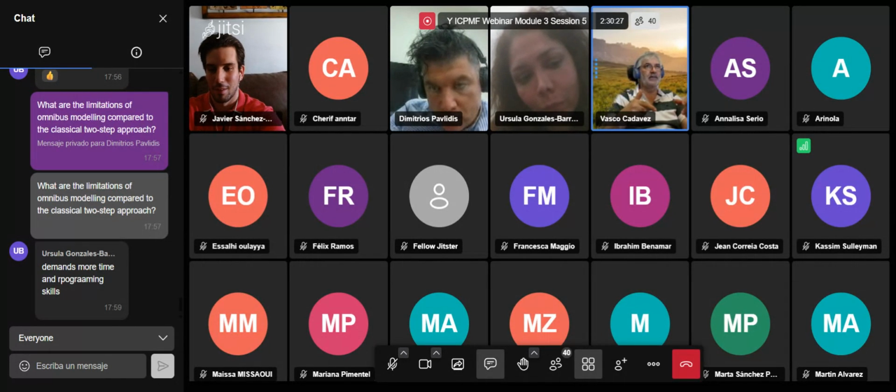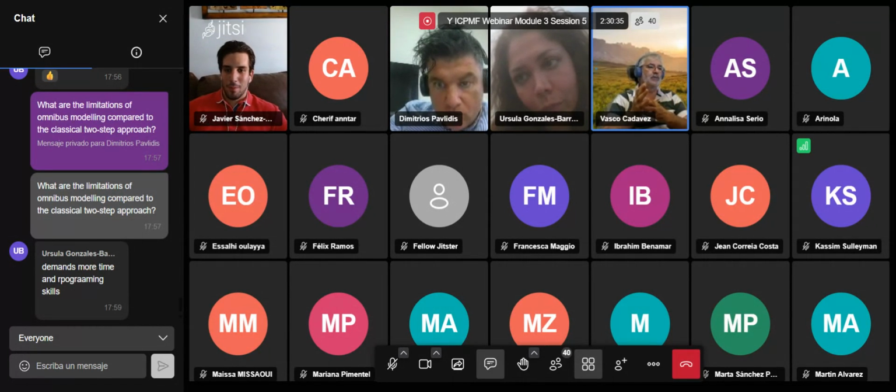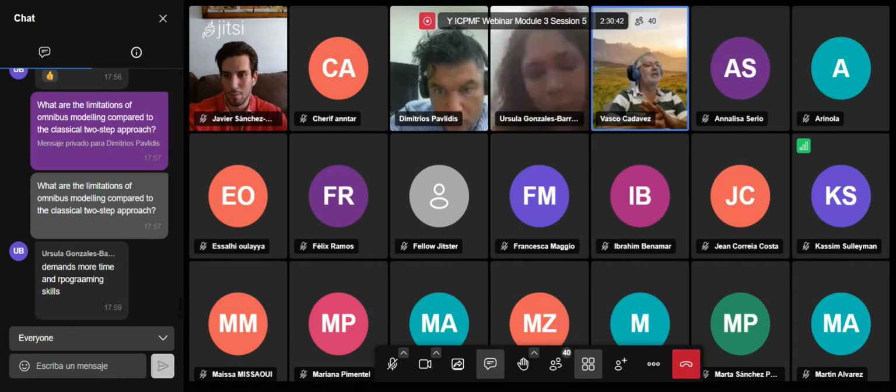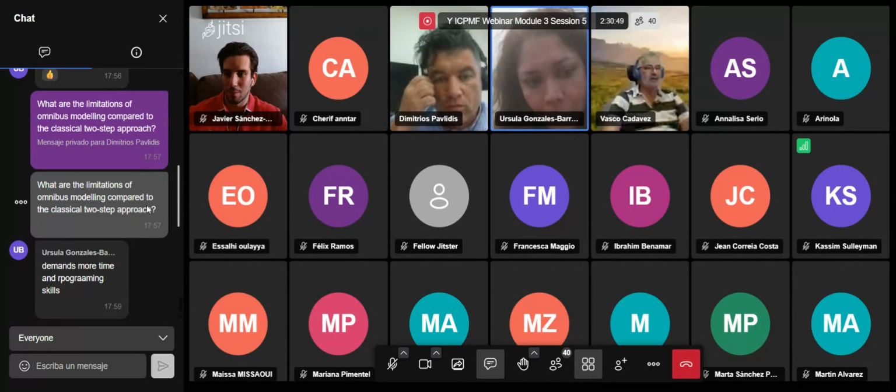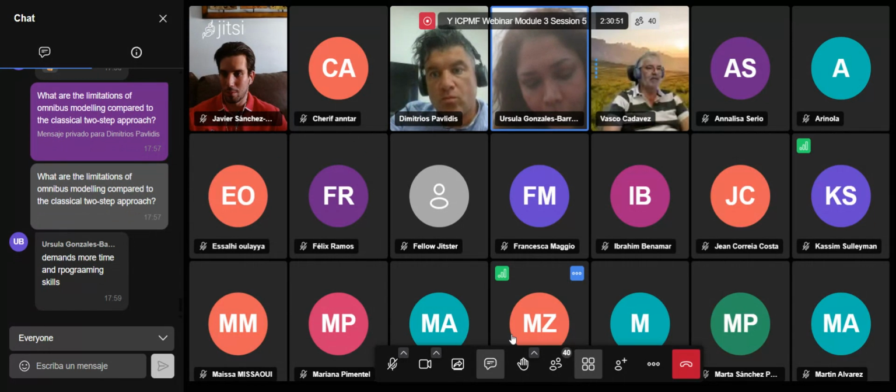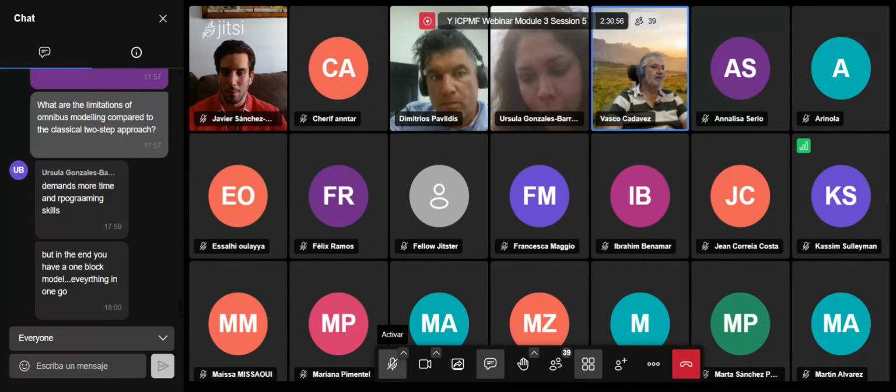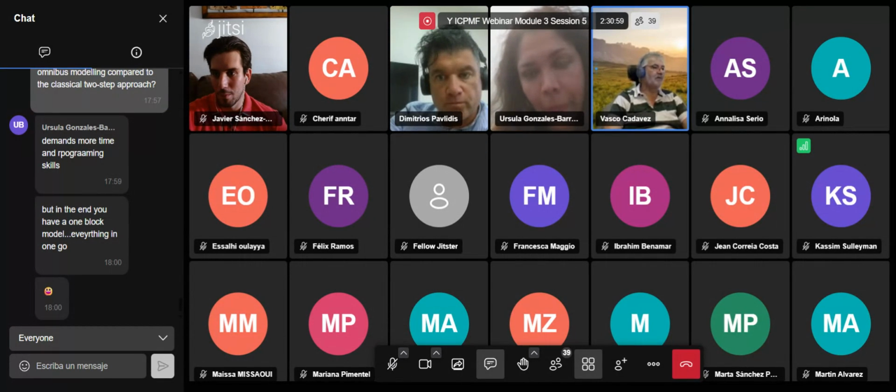These make the convergence of the model very hard to find. So that's why sometimes it's difficult to use this one-step approach, but I think it is much better. And Ursula does that very well. So with the mixed models, they are very, very good. So I advise you to learn and apply it, because you are one step ahead when you use this mixed model.